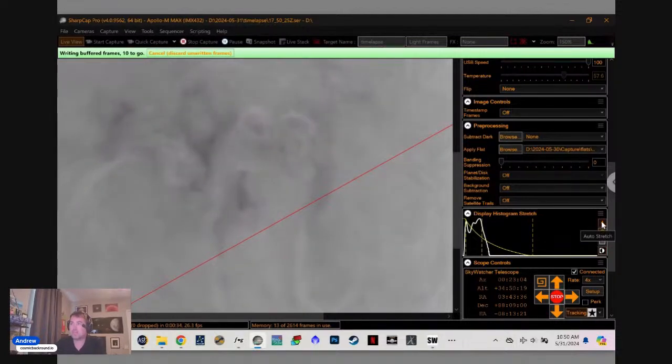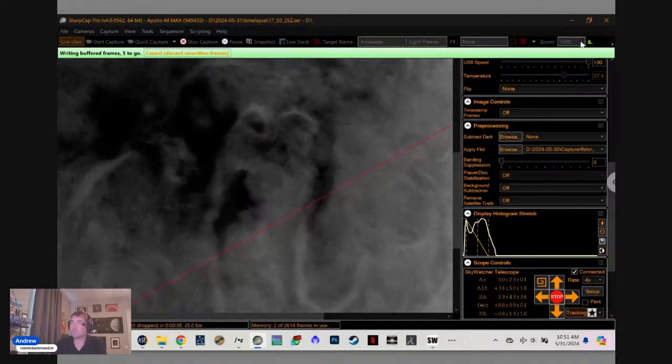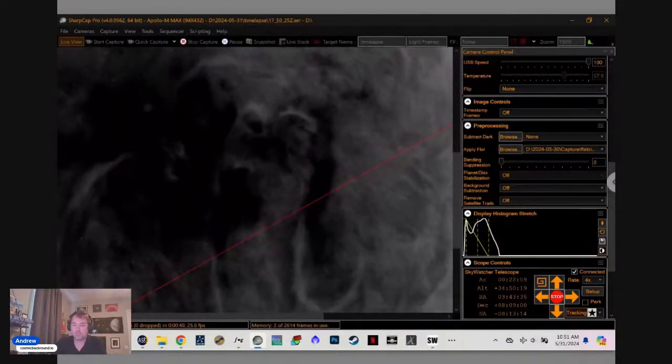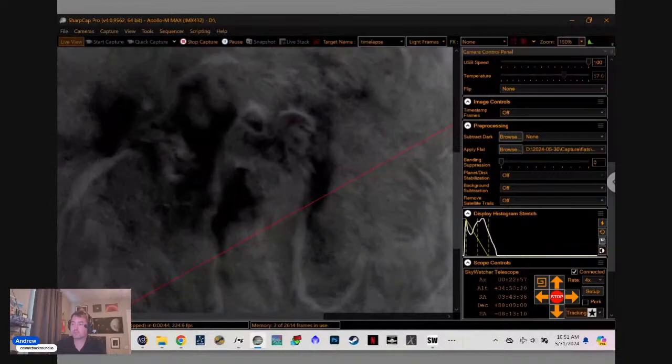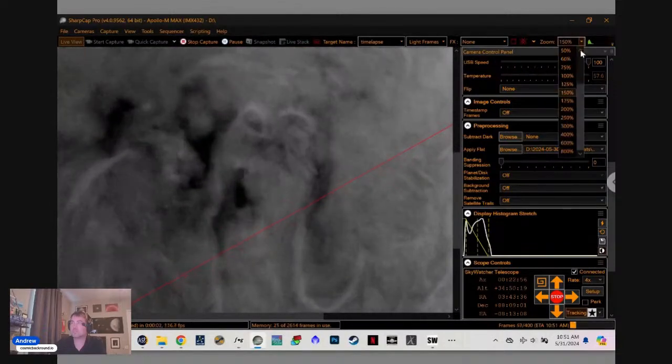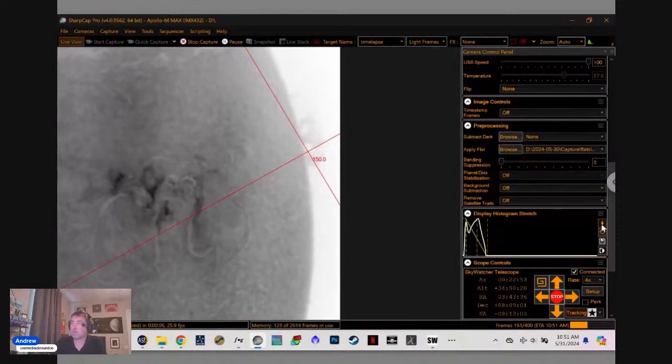And they didn't, but that's okay. If you're talking about the red lines in the middle of the sun, it's the crosshair that I use to tell me if it's been drifting or not. So they just help me.